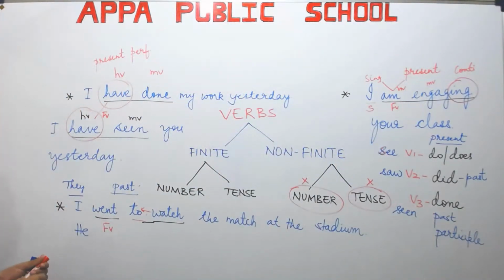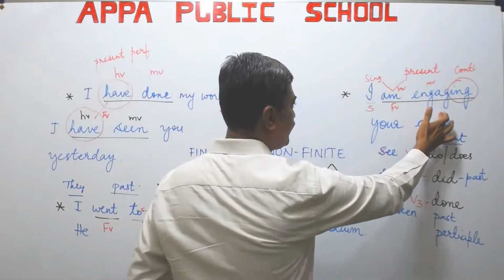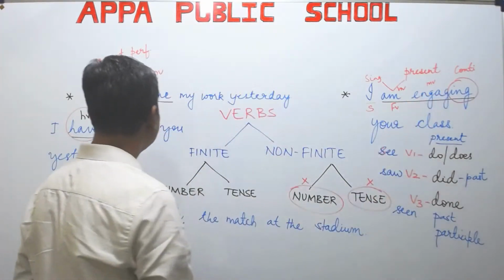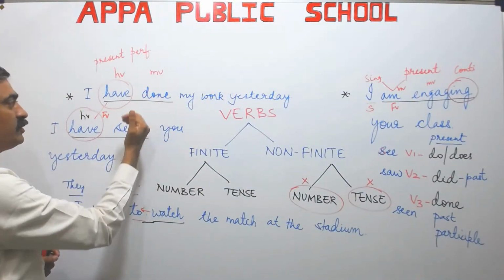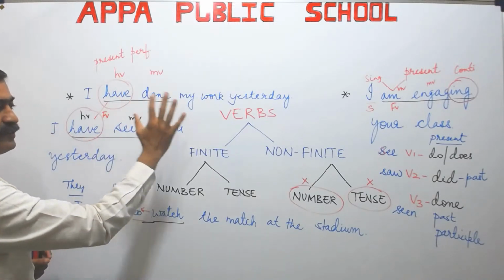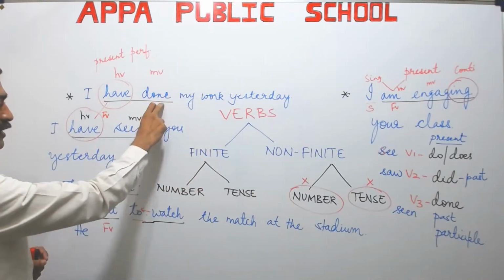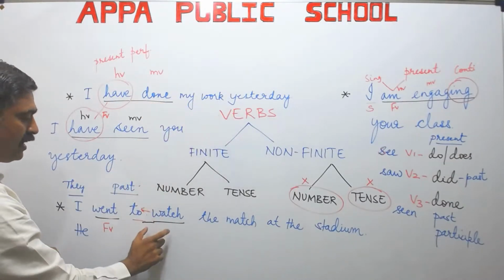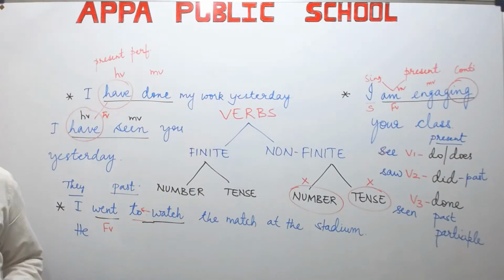So which are the non-finites used in these examples now? Engaging is one non-finite. Done is a second non-finite. Seen also comes in the same category. And to watch. So we have three different non-finites now. How do we remember them?